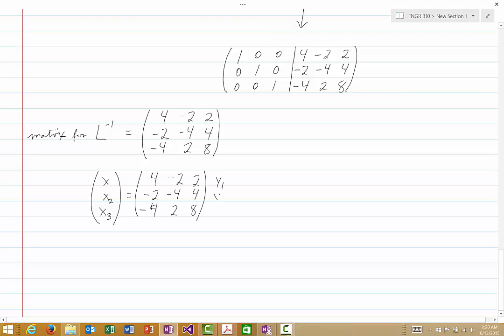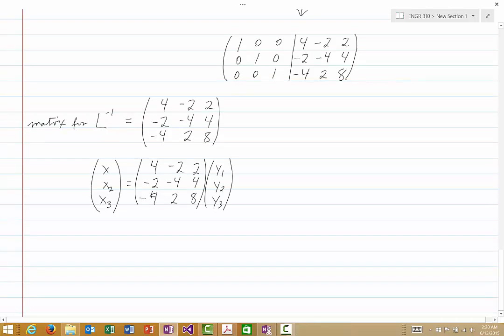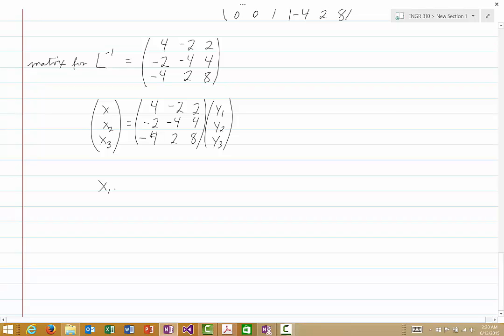And so our final answer is x1 is equal to 4y1 minus 2y2 plus 2y3. x2 is equal to minus 2y1 minus 4y2 plus 4y3.